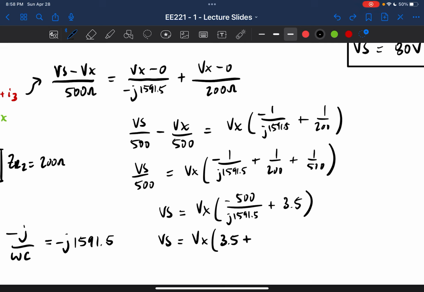It's going to be 0.314. So it's going to be J0.314. Now I can write this as a phasor by doing 3.5 squared plus 0.314 squared, square root. That's going to be my R.